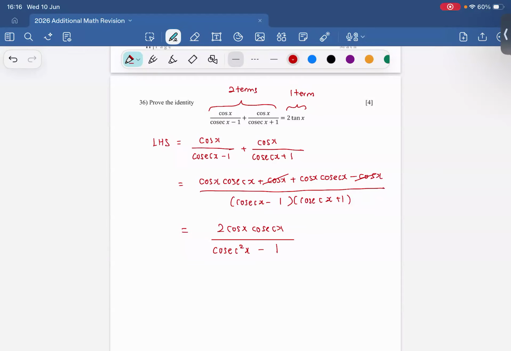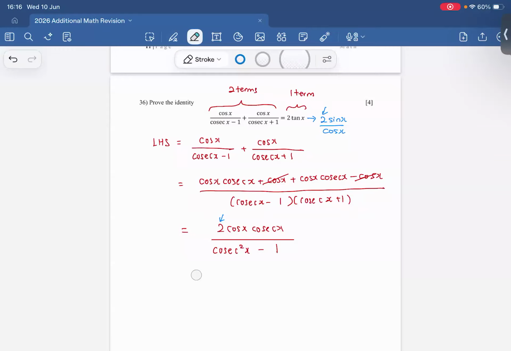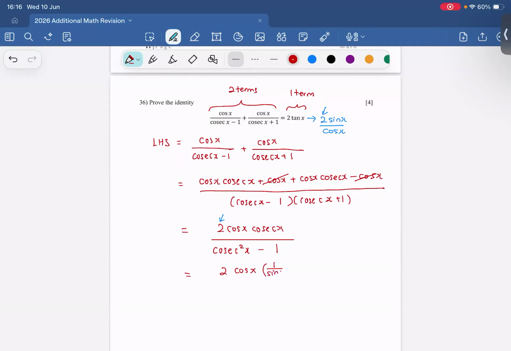Okay, then now how? If you are stuck, then take a look at here. Tangent is actually sine x over cosine x. So you can see this is actually what you want to achieve. Then you can see the 2 is here, the 2 is here already. Quite helpful already. Okay, then what you should do next is, you can see that cosecant is actually 1 over sine.